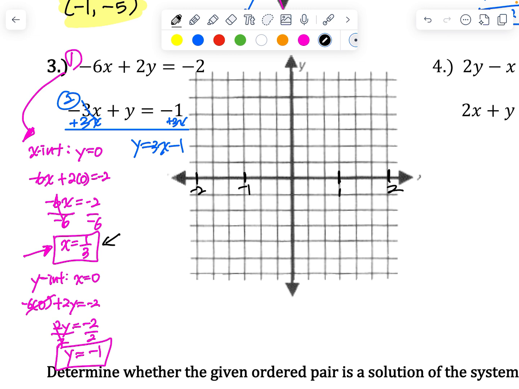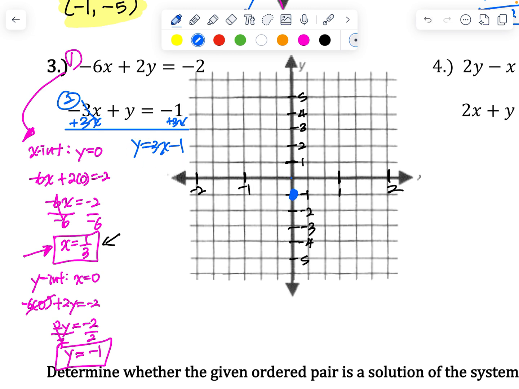As far as my slope, for y I'm going to go up by 1, 2, 3, 4, 5, and this is totally okay. And negative 1, 2, 3, 4, 5, and so on. Let me do the easier one first. My y-intercept is negative 1.